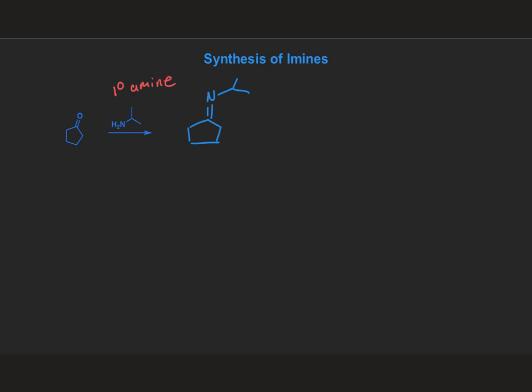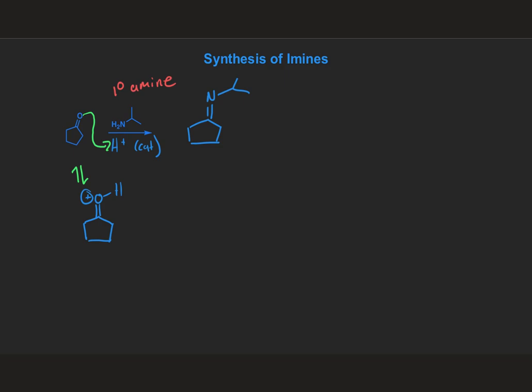And so we're going to show this mechanism with an acid catalyst here. In the first step, the ketone is electrophilic, but it's not as electrophilic as it could be. And so the first step is to protonate the ketone, which is going to create a much better electrophile, because now our oxygen has a positive charge.